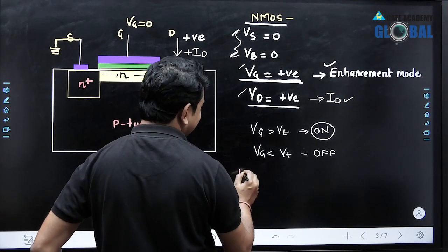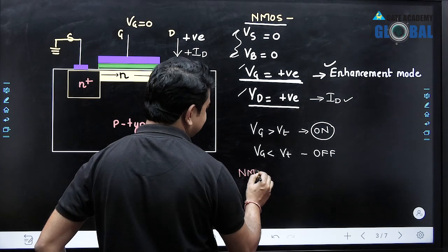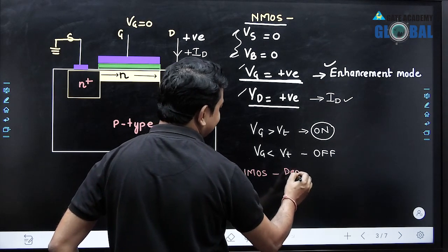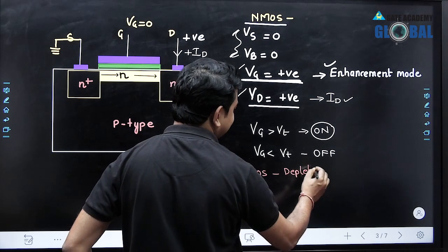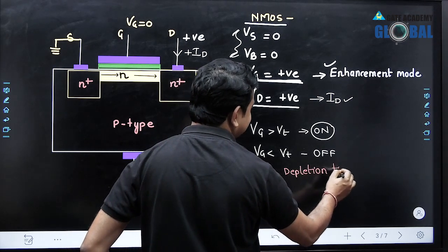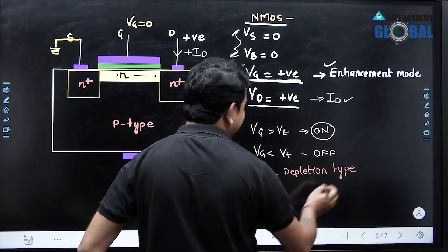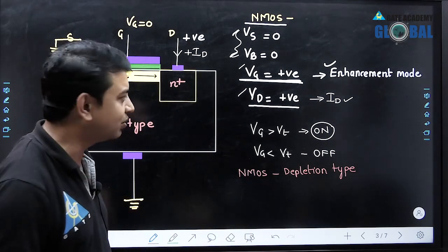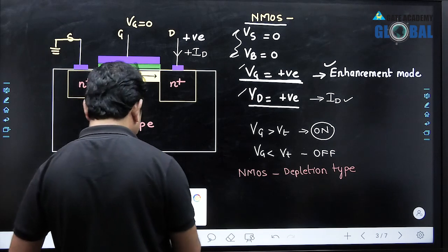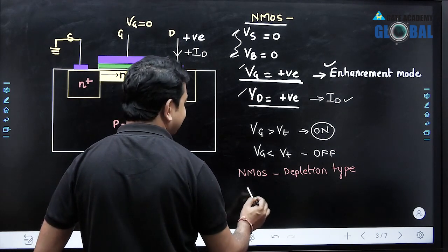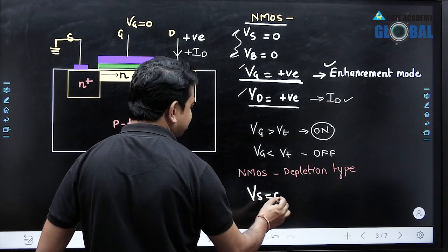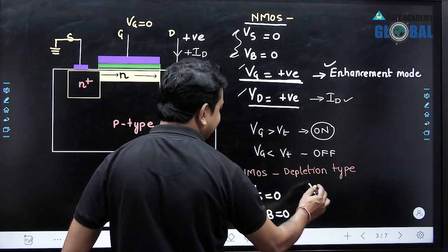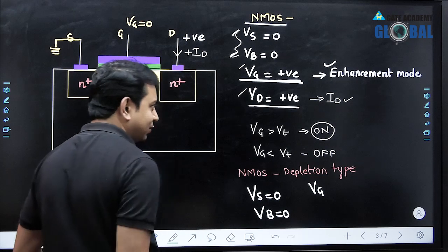So, similarly, we take the NMOS, and if I say that this is a depletion type, you can observe initially whether a physical channel is available or not. Again, we don't think about the source terminal voltage and the body terminal voltage, but we have to think about the gate terminal voltage.